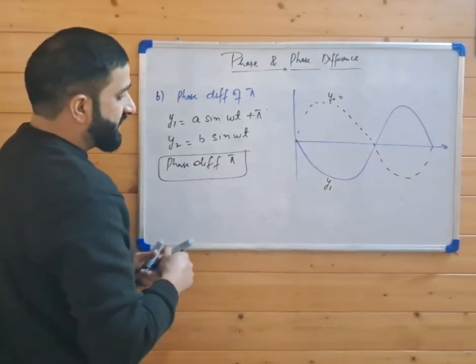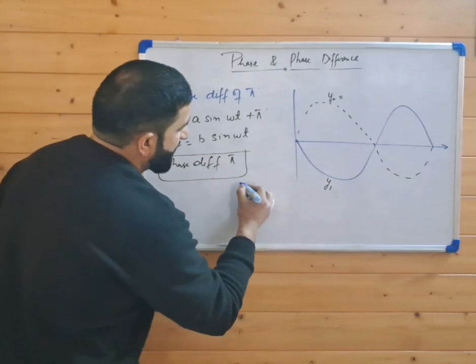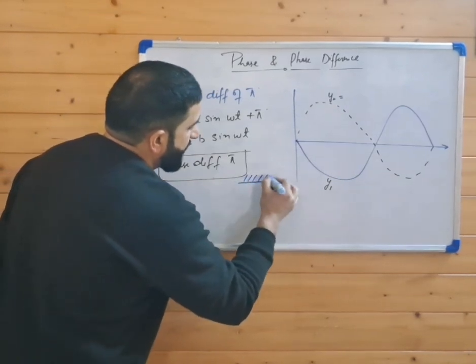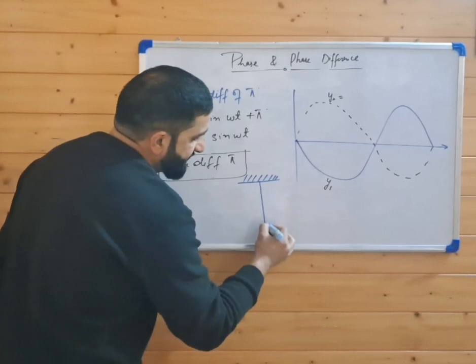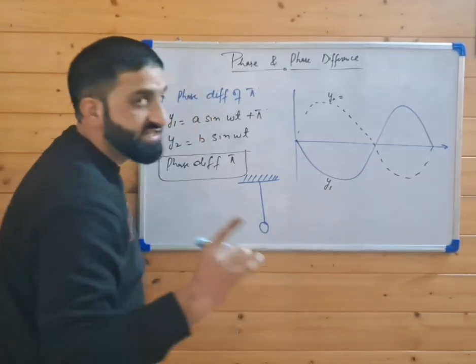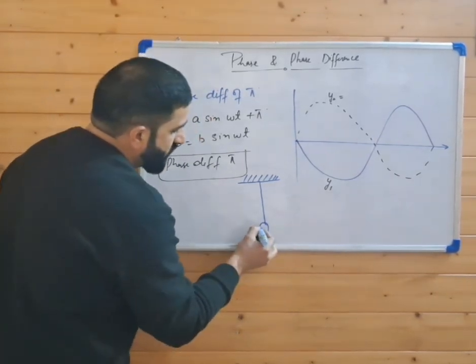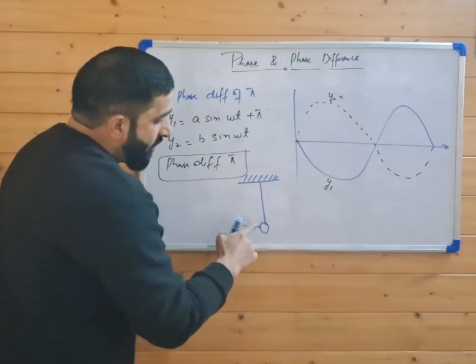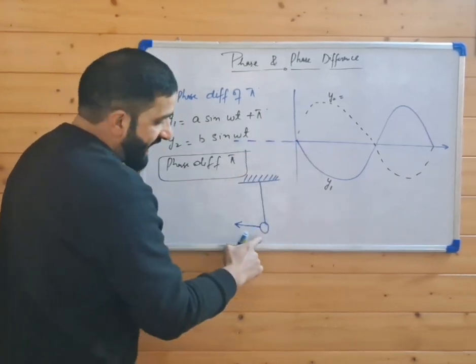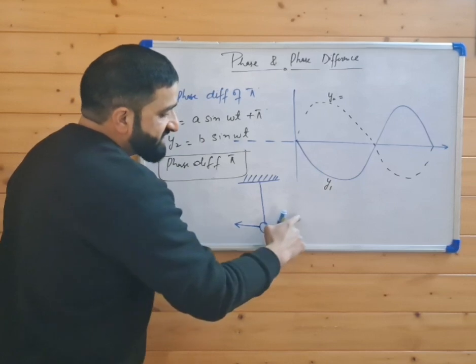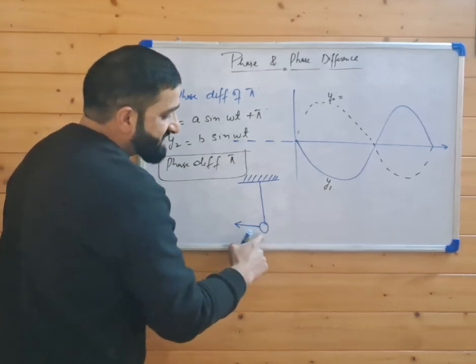If we take the case of simple pendulums vibrating, pendulum number 1 has completed half a cycle and its direction of motion is towards the left. When it has completed one half cycle and gone from the mean to the extreme position, it has come back.